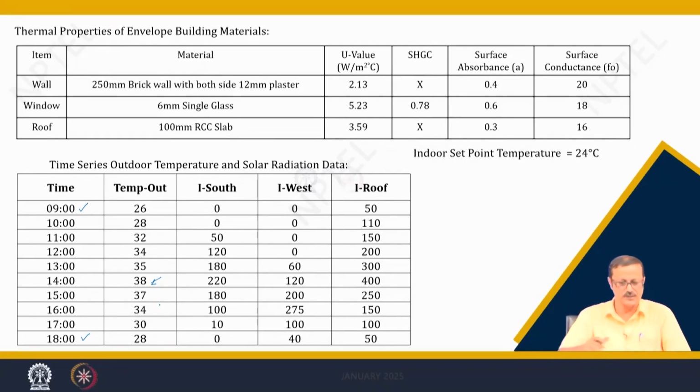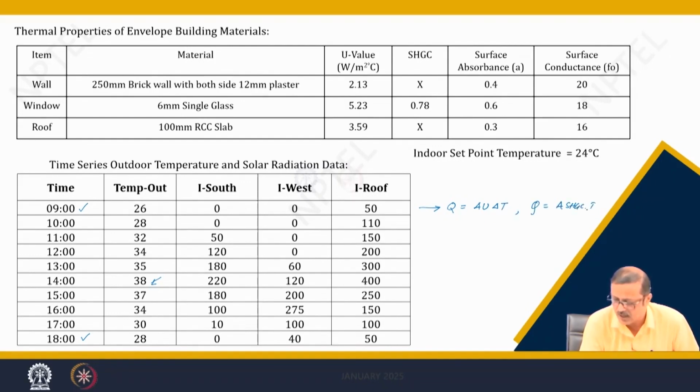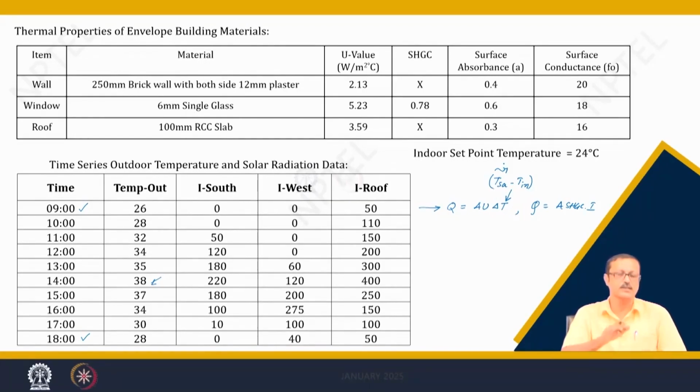For each row I have to calculate the conductive heat gain, so Q equal to A U del T, and also Q equal to A SHGC into I. The del T calculation will be tricky, because every time I will have this T_SA minus T_n as del T, and the T_SA is going to fluctuate, because the I value is fluctuating and the temperature value is fluctuating, and that also fluctuates on the 3 different sides.